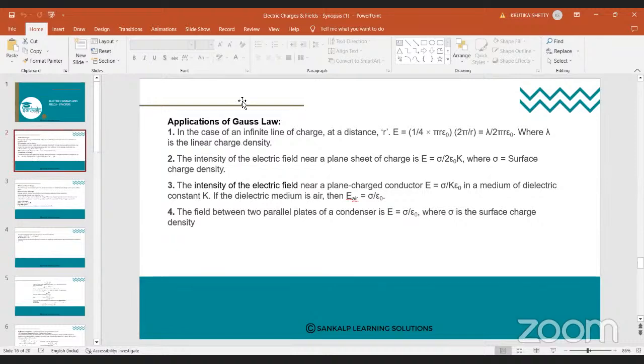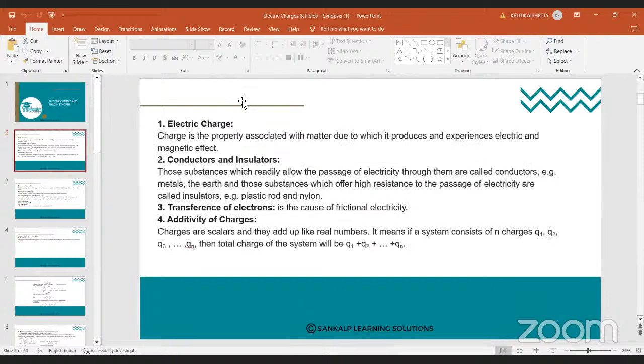Okay, so here we have the electric charge. So what do you mean by electric charge? Electric charge is nothing but the intrinsic property of the matter. You know mass, you know pressure, you know temperature, then you know volume.